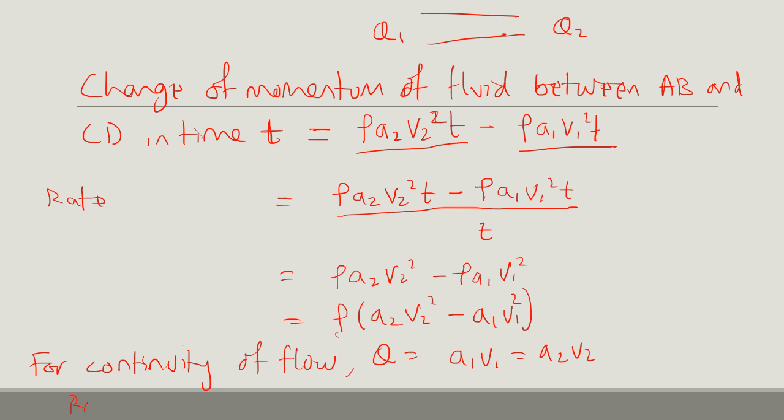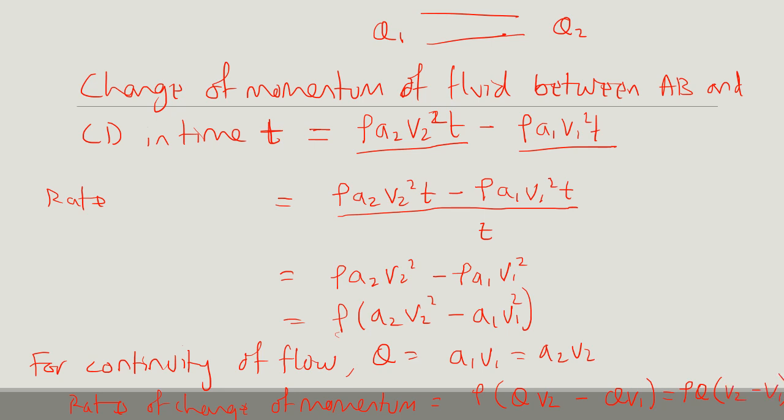So that rate of change of momentum will be equal to rho Q V2 minus Q V1, which simply is rho Q (V2 minus V1).